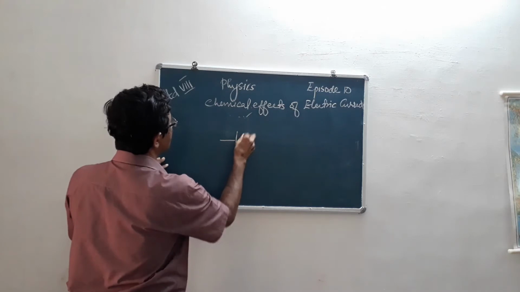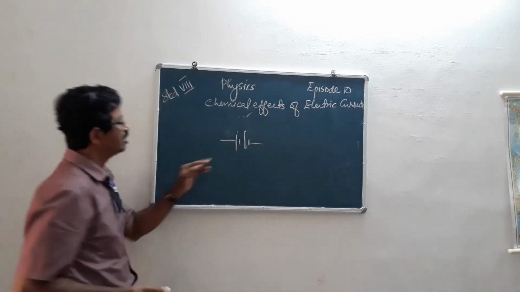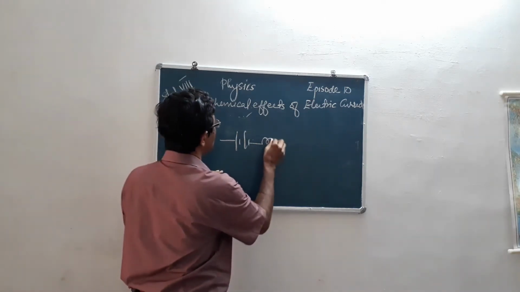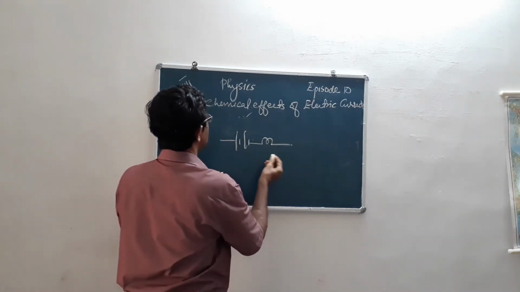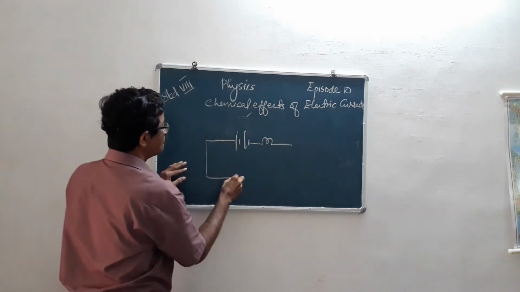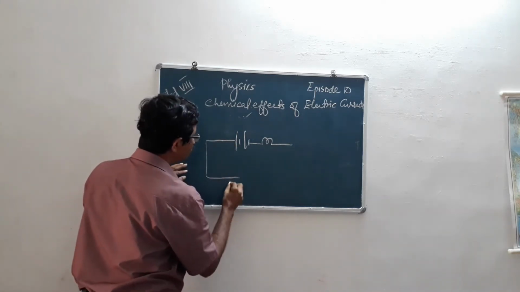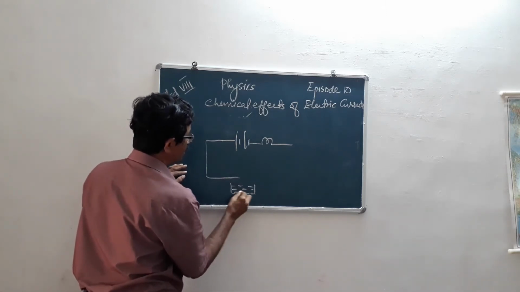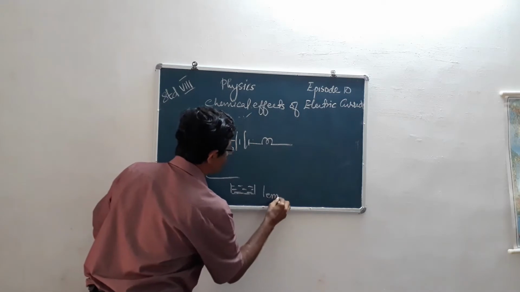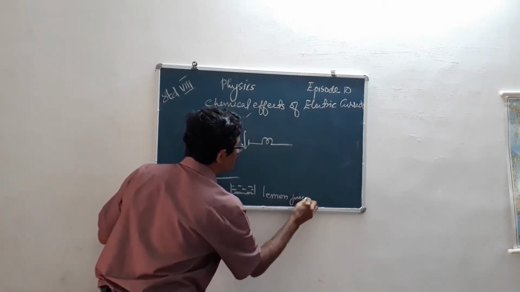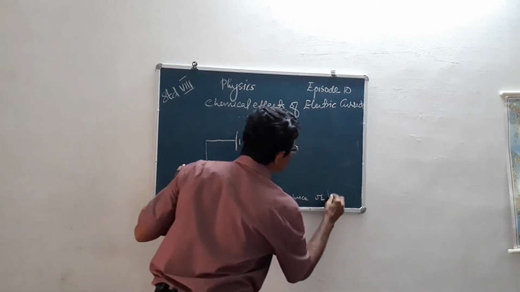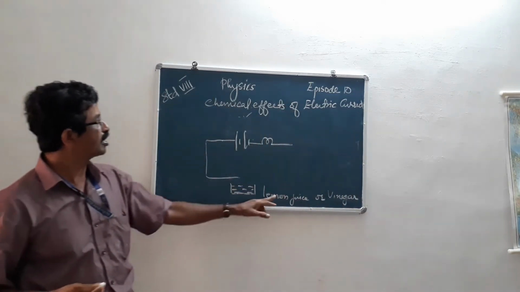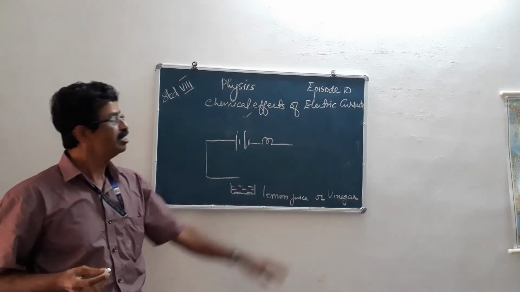This is the battery. Instead of a cell, use a battery and bulb, and the free ends of the tester. When you dip them in the solution, here we have taken lemon juice in one bottle cap and vinegar in another.